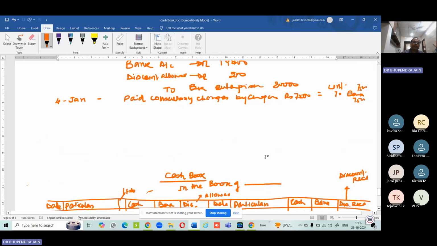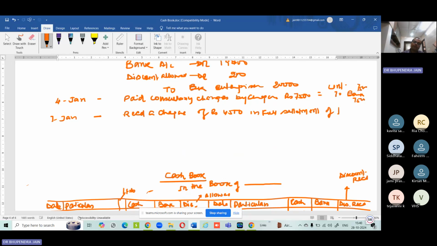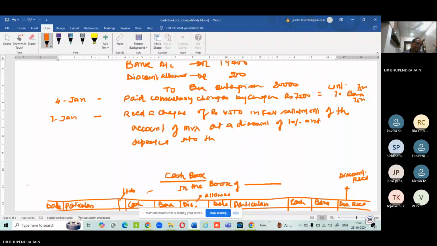One or two more entries, just one entry. On 7th of Jan, received a check of rupees 4,500 in full settlement of the account of Mr. X at a discount of 10%, and deposited into the bank on the same day.